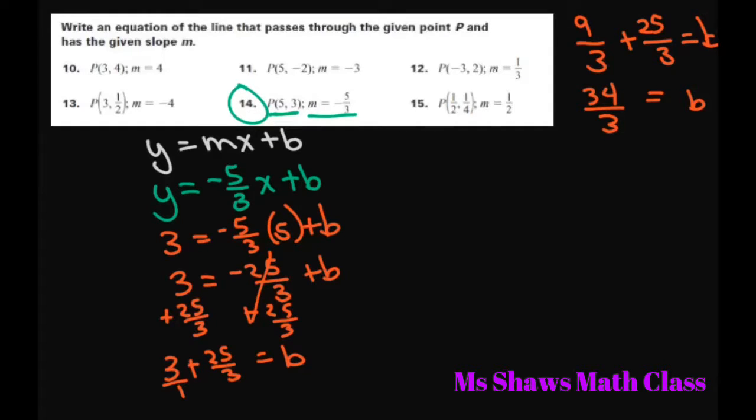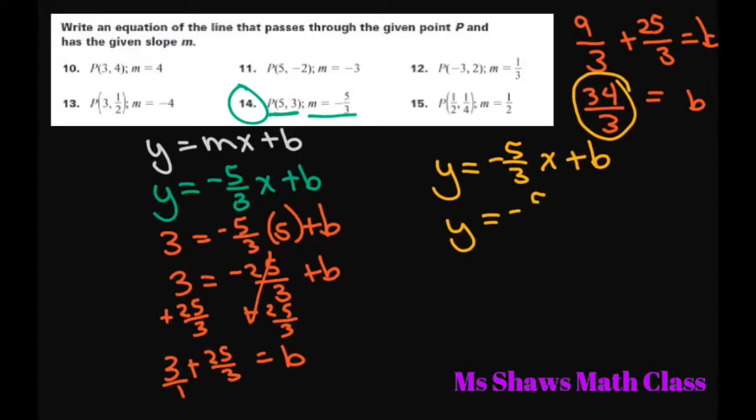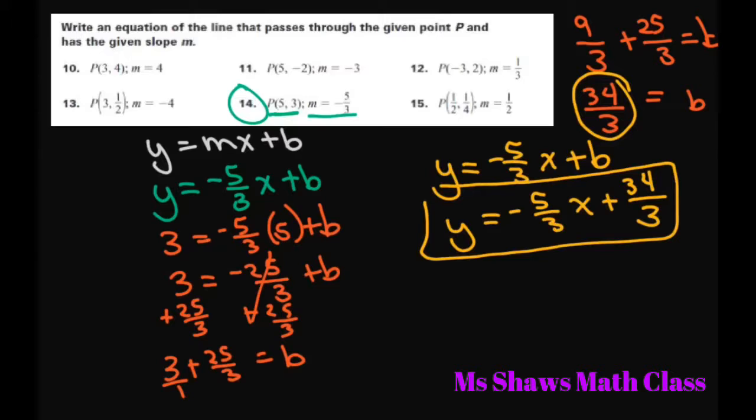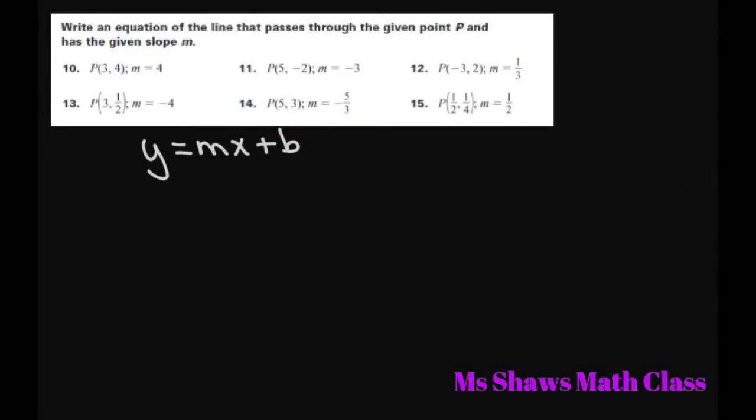Substituting back in, you're going to get y equals negative 5 thirds x plus b. Replace your b with 34 over 3. Negative 5 thirds x plus 34 divided by 3. And the last one, a lot of fractions, so let's look at that one.